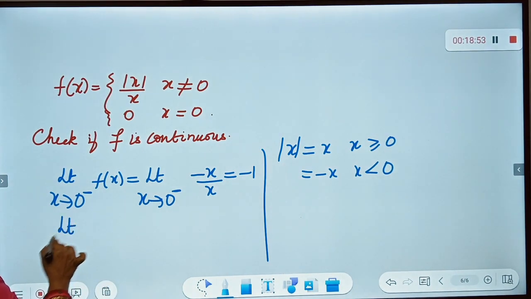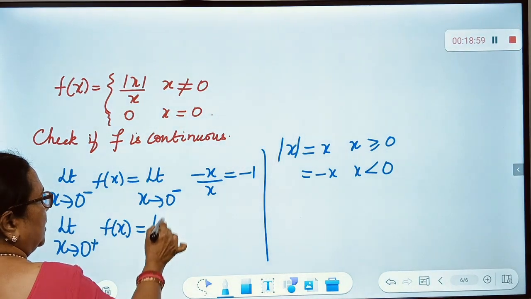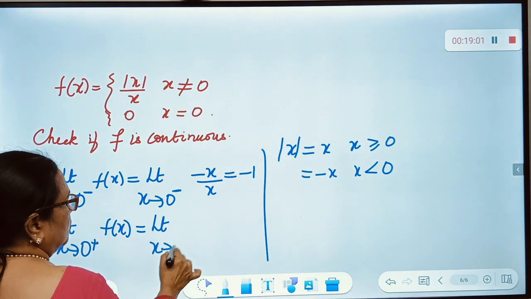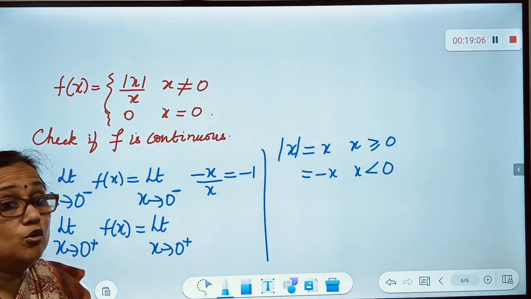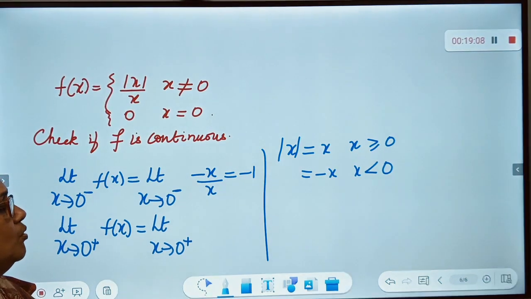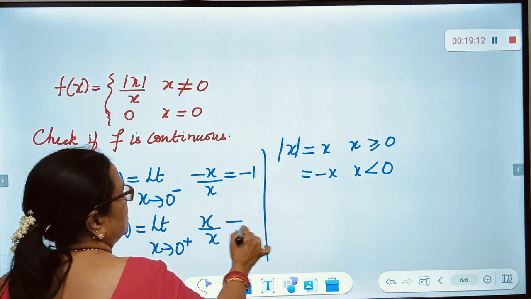Limit x tends to 0 plus of f of x: x is approaching 0 through values greater than 0, so mod x will be x by x, which is 1.